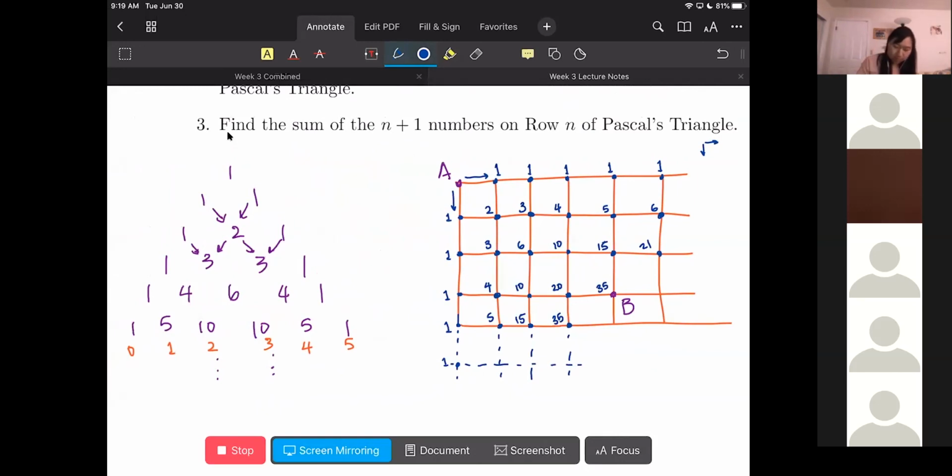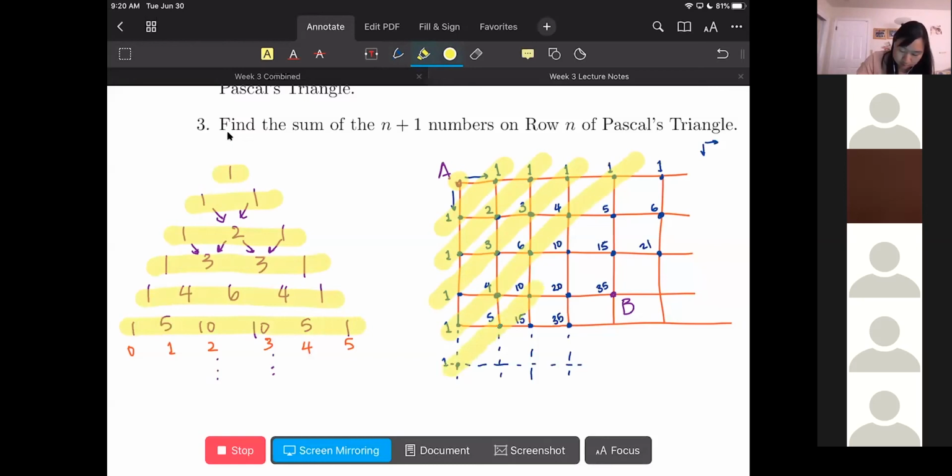Yeah, so you can actually see that, for example, this one is equivalent to saying there's 1 way to go from A to A. This row is this row. These numbers are the same here. Does everyone see this? 1, 4, 6, 4, 1, and so on.